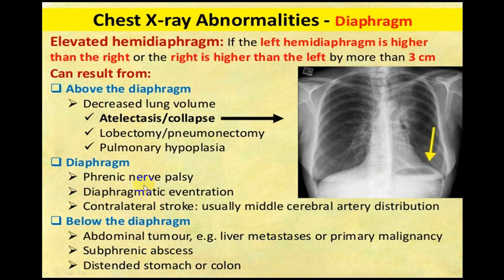So look at all the conditions. Diaphragm pathology can also produce a change in the shape of the diaphragm, like phrenic nerve palsy, or we call it diaphragm palsy, or there is a diaphragmatic eventration. In that condition you can have a diaphragm being elevated and the shape will change.